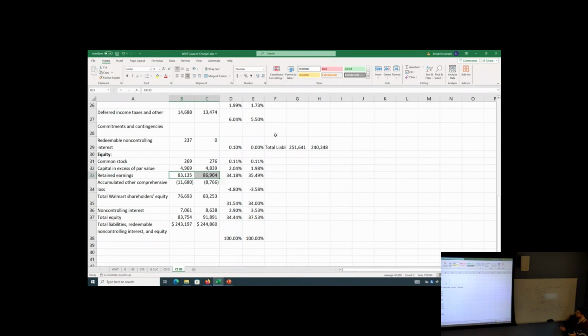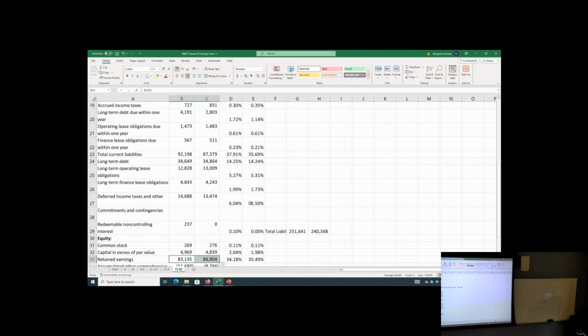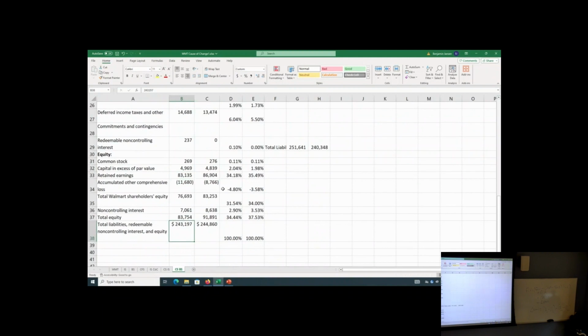And hopefully those earnings are being used for valuable investments, right? Same idea with liabilities increasing. As we see our equity portion increasing, we want to see those being used for productive purposes. Right. So we see a slight decrease in retained earnings over that year, right?